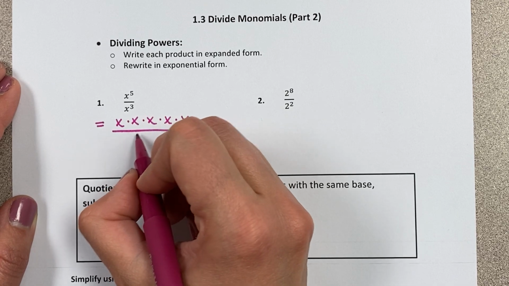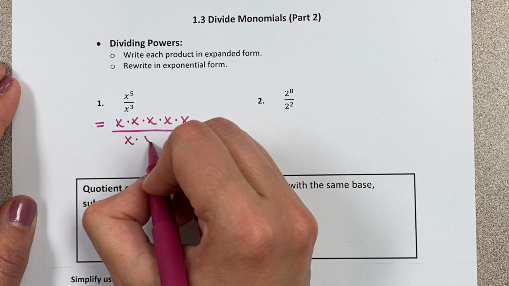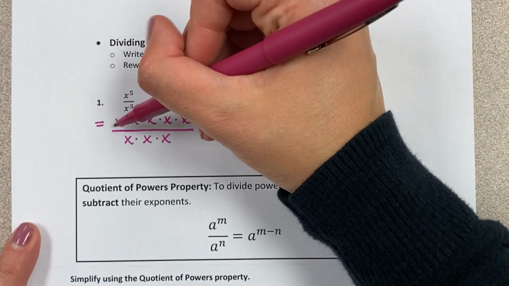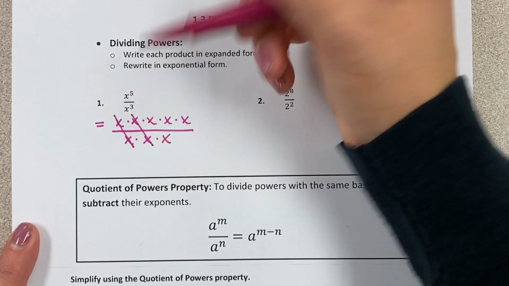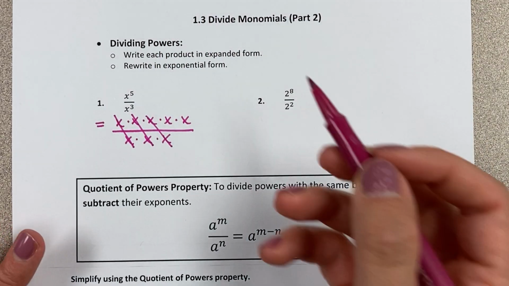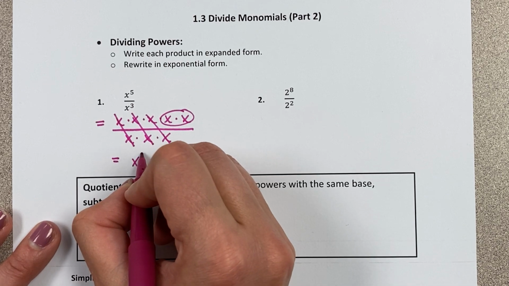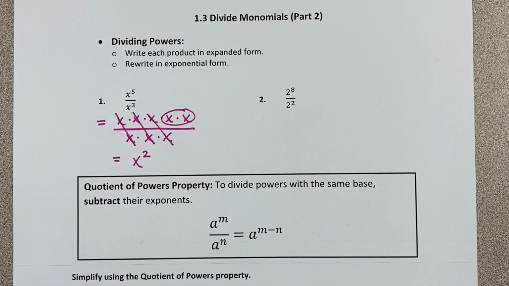And then we have 3 down here. Okay, so if I'm dividing these, I'm gonna cancel them out. So this cancels, that cancels. We're left with these two. So we're left with x squared. So I just want you to keep that in mind before we learn the property.